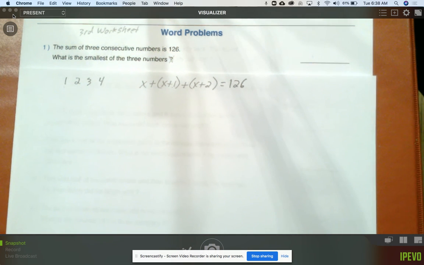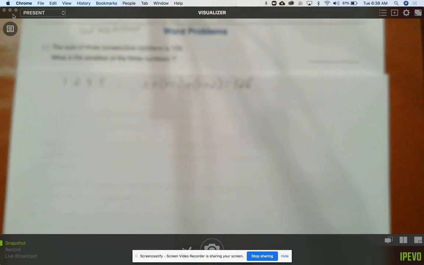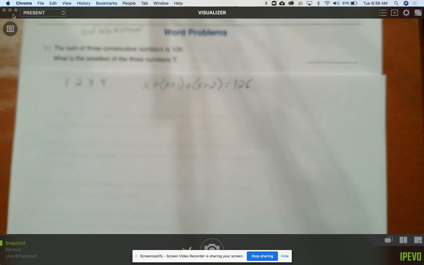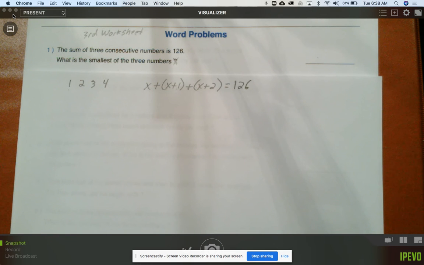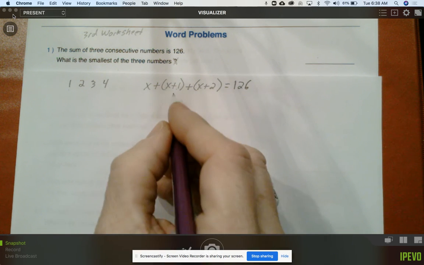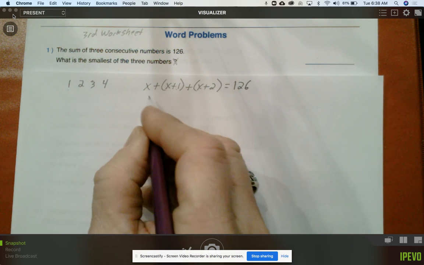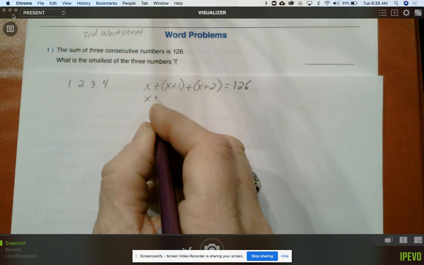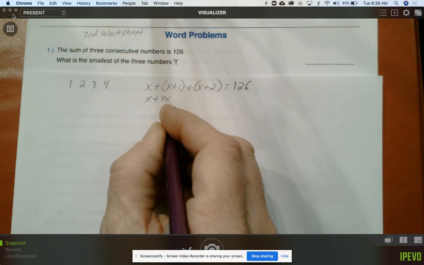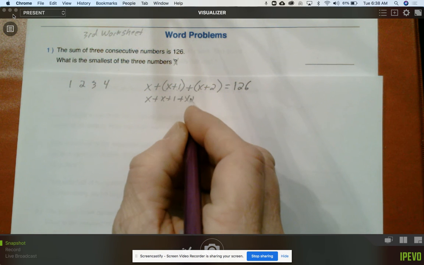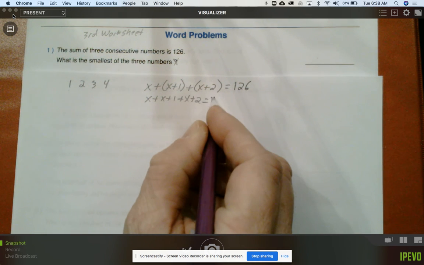Let me focus this again because it's not focused. Oh, there it comes. All right, close enough. Not sharp as a tack, but close enough. So now I can just remove the parentheses because it doesn't change any of the signs or operations inside. x plus 1 plus x plus 2 equals 126.